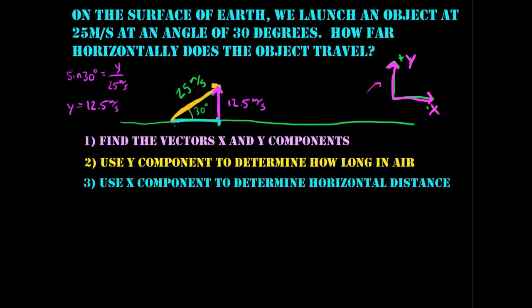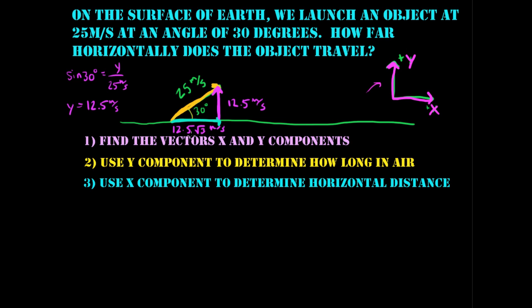For x, the cosine of 30 degrees is equal to the square root of 3 over 2, and we're also going to be multiplying that by 25. So this one will be 12.5 square roots of 3 meters per second. You could just leave it like that. It doesn't have to be an actual number.